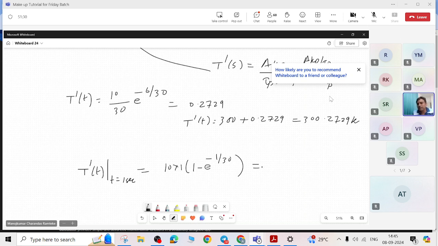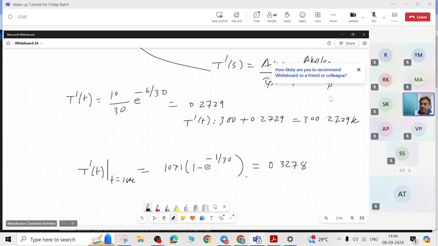Can anybody tell me this value? 0.3278. Okay. Now this 0.3278 will be the magnitude of the step input, isn't it?